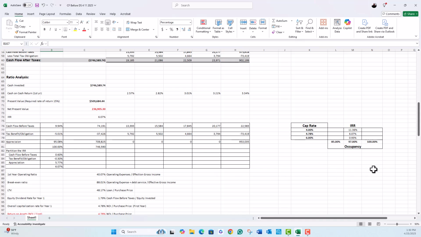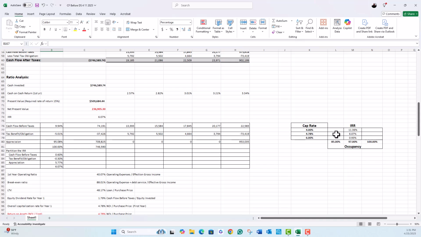I've started a sensitivity analysis here, and I've calculated the internal rate of return at a 97% occupancy, if the cap rate changes between 4% and then goes up to 6%. So I want to do the same thing, but I'll start differently.